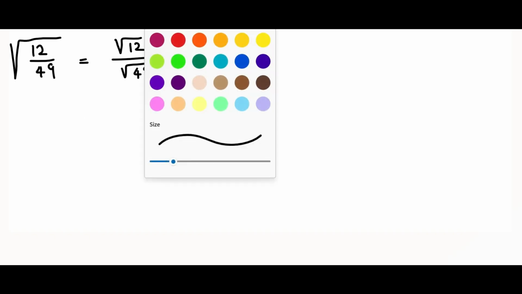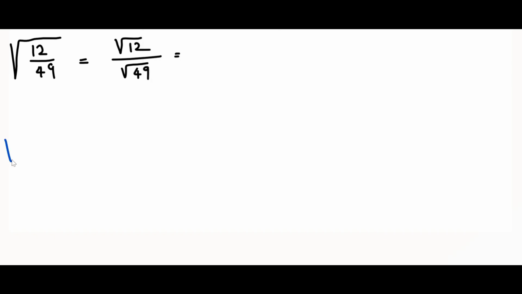Now, if we needed to simplify root 12 over 49, first we will need to rewrite this as root 12 over root 49. And from here we would simplify both surds one by one. So root 12 can be rewritten as root 4 multiplied by root 3, which gives us 2 root 3.